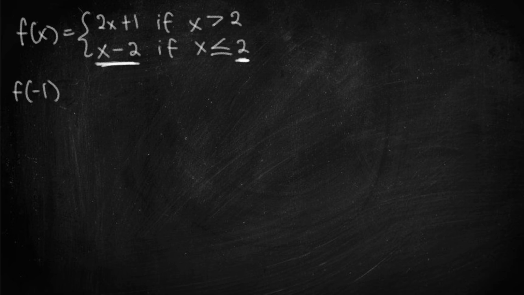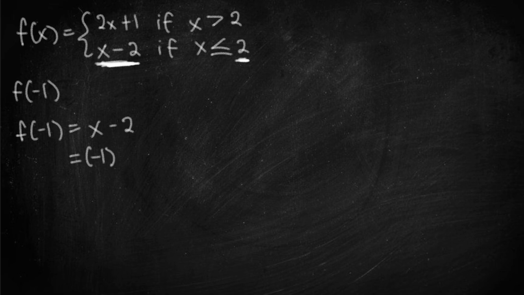So copy all of that. f of negative 1 is equal to x minus 2, because we know that we will be using this formula, x minus 2, and we will just substitute that number.